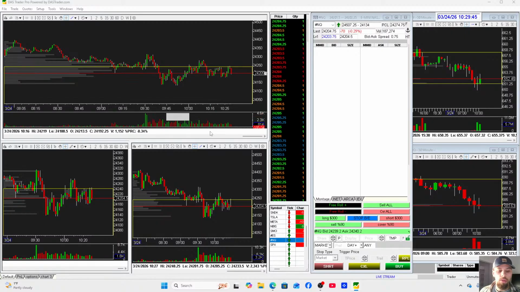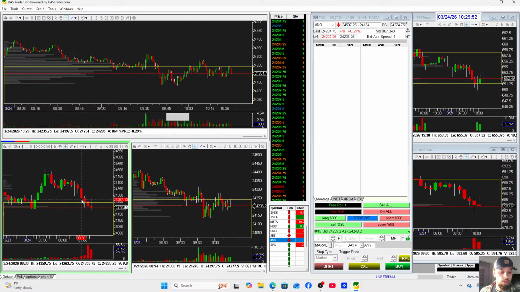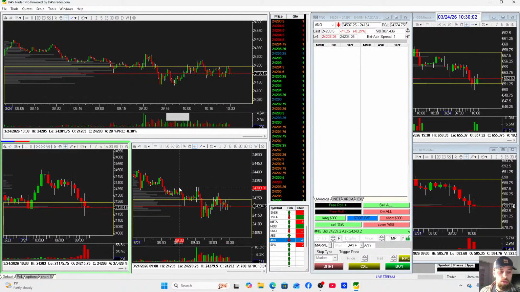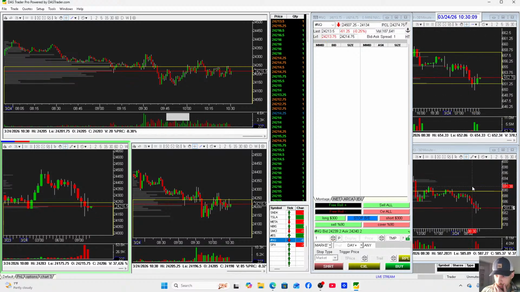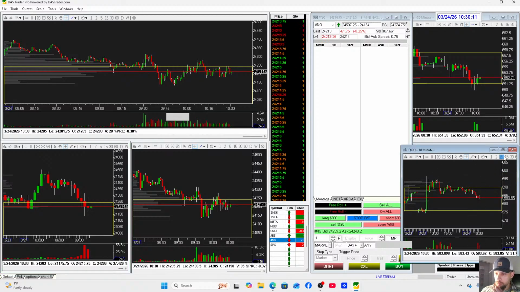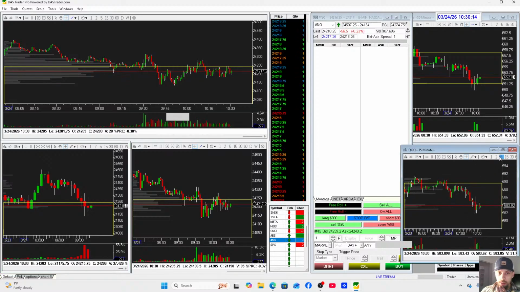Projecting pretty aggressively on NQ here. 30 minutes weak, man. Still just making a wedge. Sentiment looks weak on NQ though.